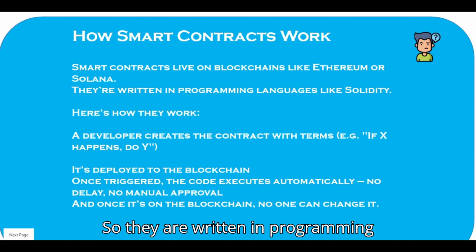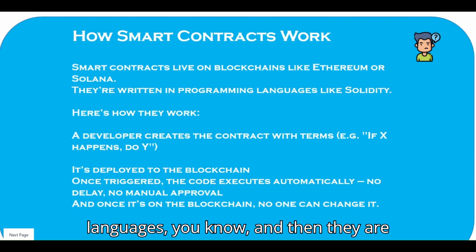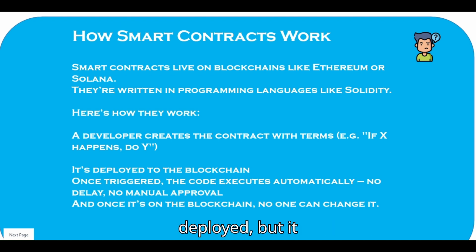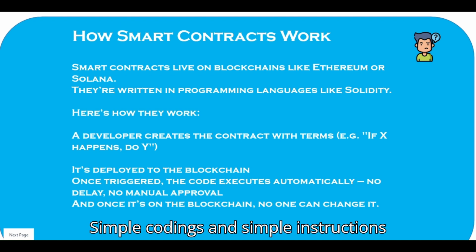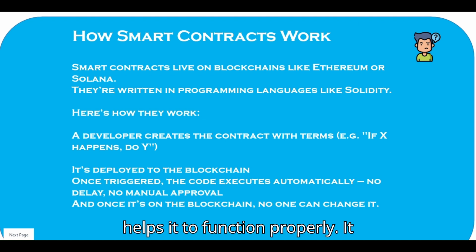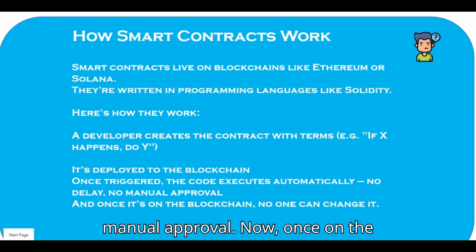They are written in programming languages, and then they are deployed. The developer creates a contract with terms: if X happens, then Y. Simple coding and simple instructions help it to function properly. It deploys on the blockchain. Once triggered, the code executes automatically, with no delays and no manual approval.